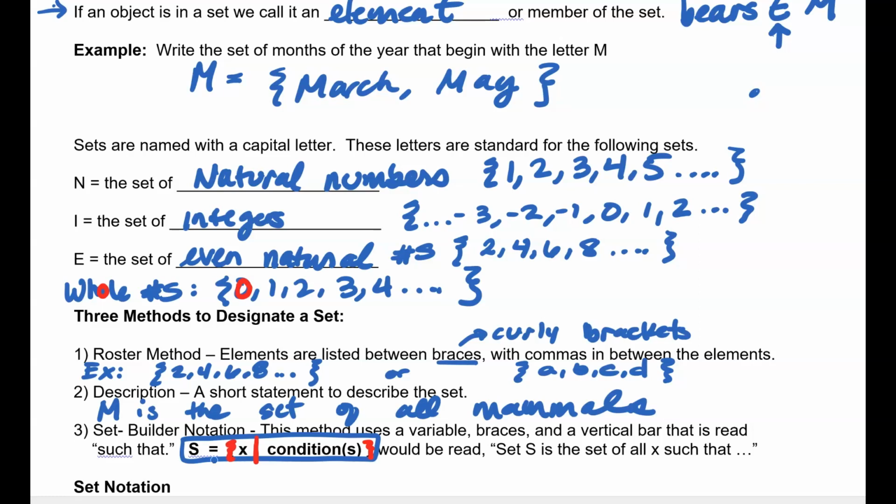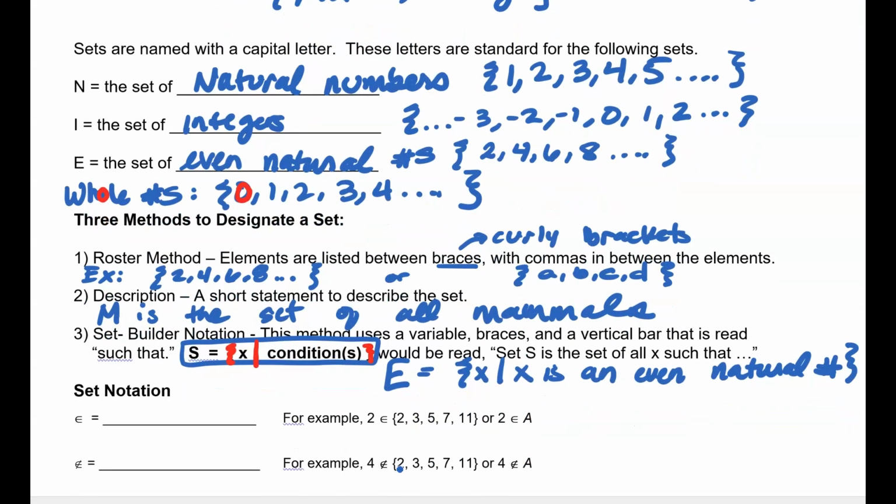So for example, you could say N equals all values of X such that X is an even natural number. And actually, since we're describing the set of even natural numbers, we could even call this E, which usually is denoted with an E there.